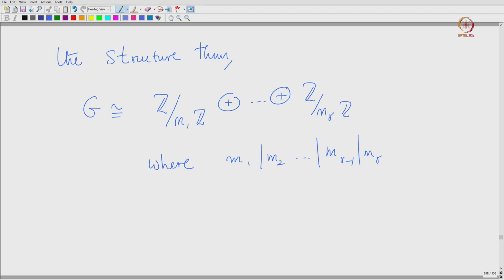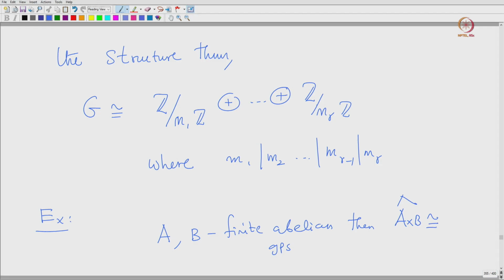Now that we know G can be written as a direct product of cyclic groups, we need to understand what happens to the dual of the product. It is not difficult to prove that if we take A and B to be two finite abelian groups, then the dual of the product is naturally isomorphic to the product of the duals, A hat cross B hat.